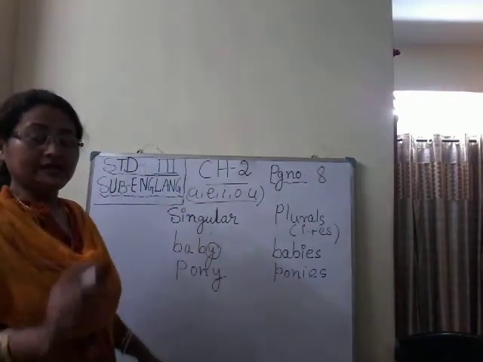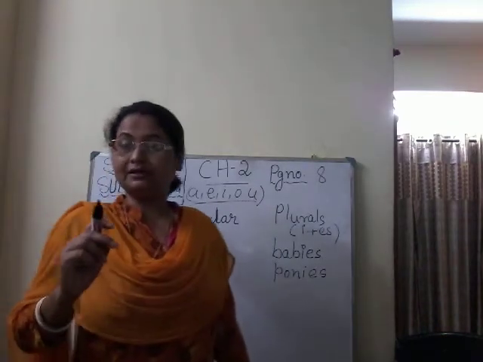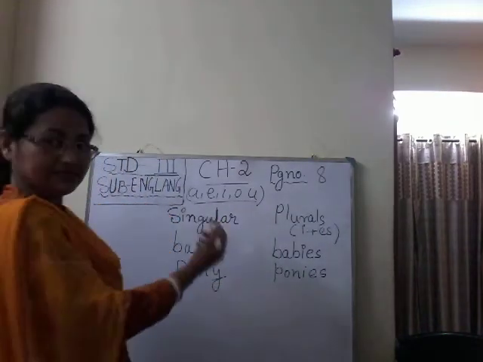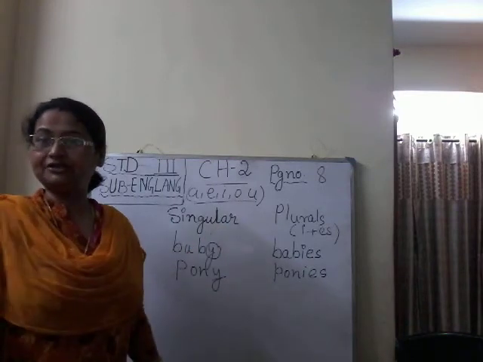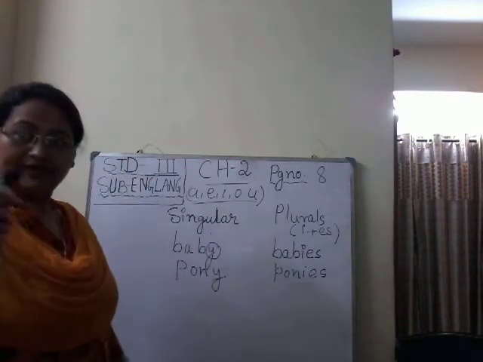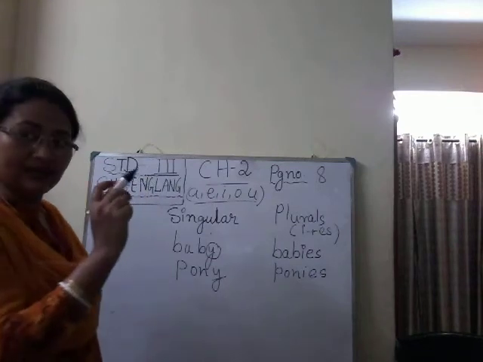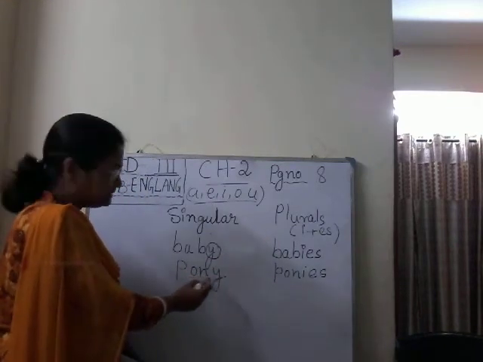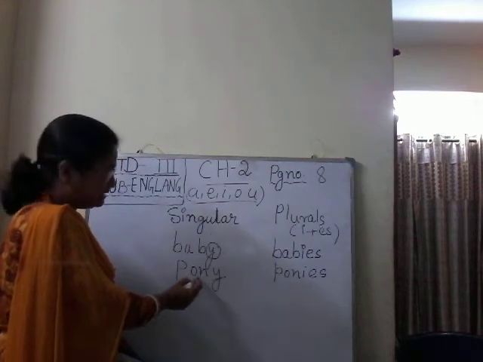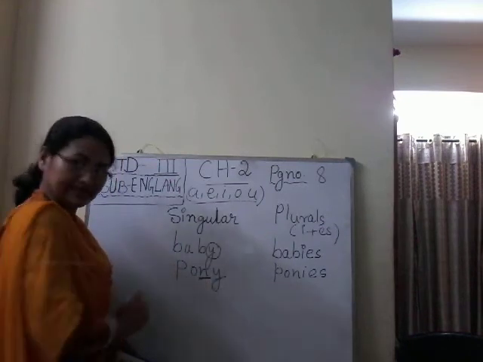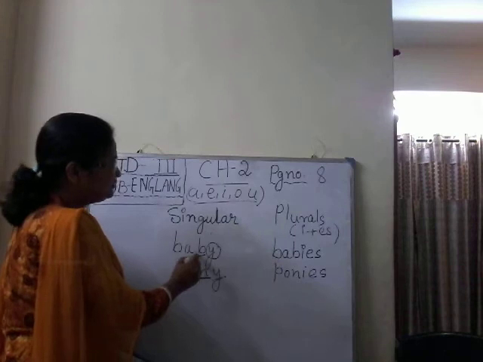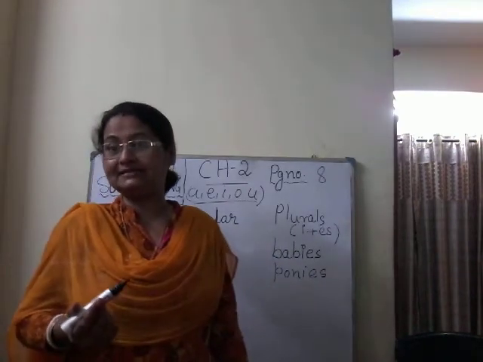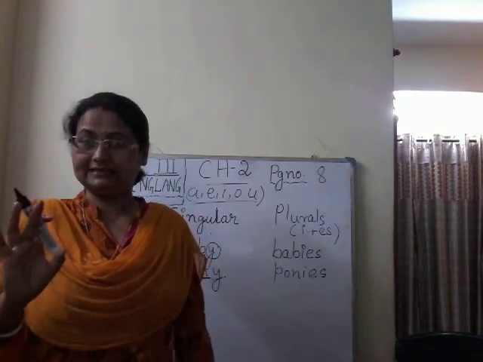Okay. Now remember one rule that is important when we are changing the noun from singular to plural. Every time we have to see one thing: see the letter that is before Y. This is N, and this is B. So in English, when we have learned the English alphabets, there are 26 letters, isn't it?